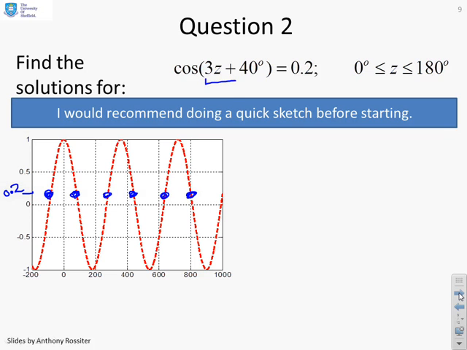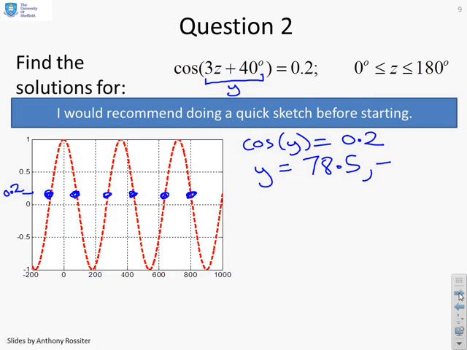So if I define the thing in the brackets to be y, then solving cos y equals 0.2 gives me y equals 78.5, or, because we know the way they're paired, minus 78.5.